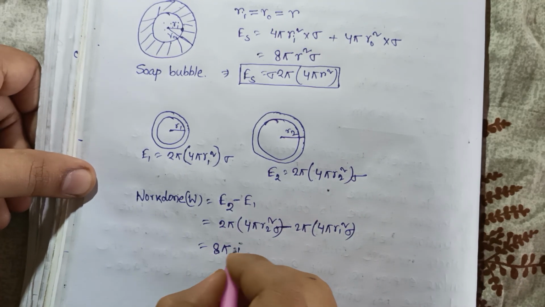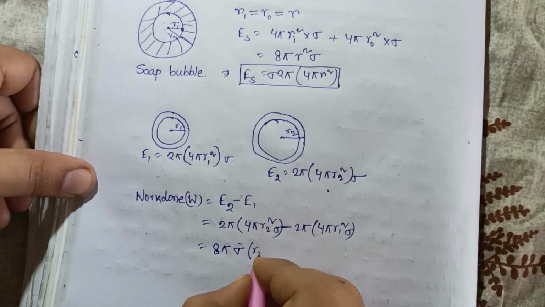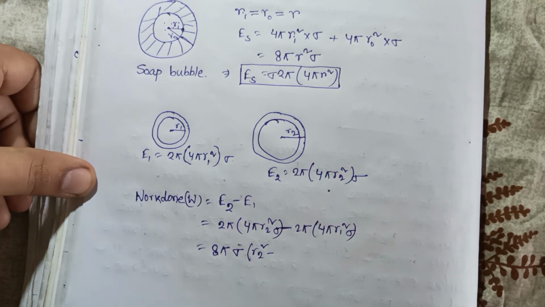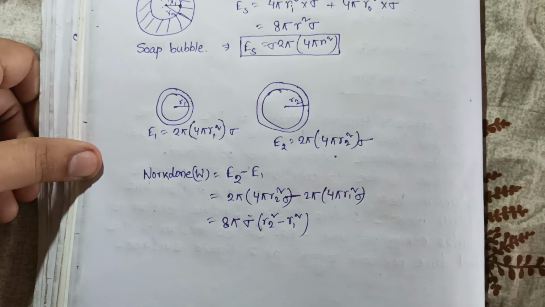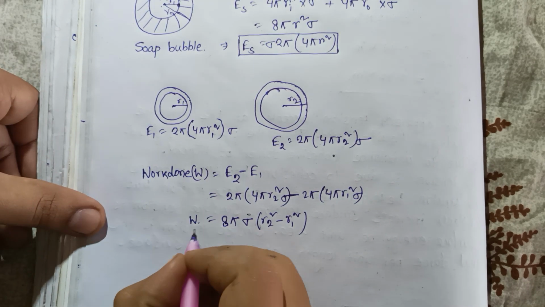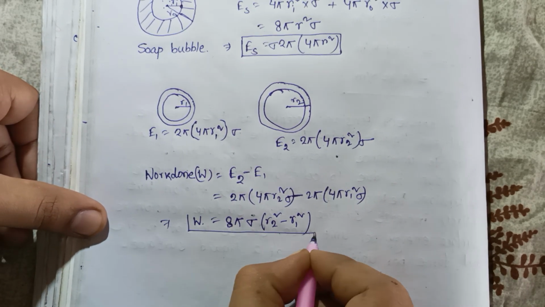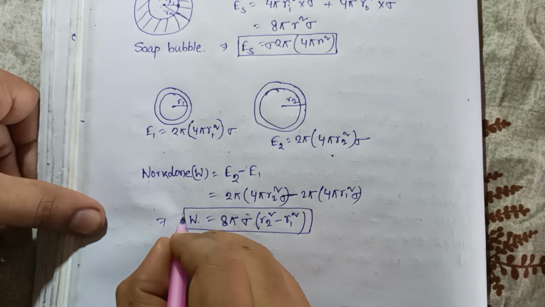So this is 8 pi sigma into r2 square minus r1 square. This is the work done formula for a soap bubble.